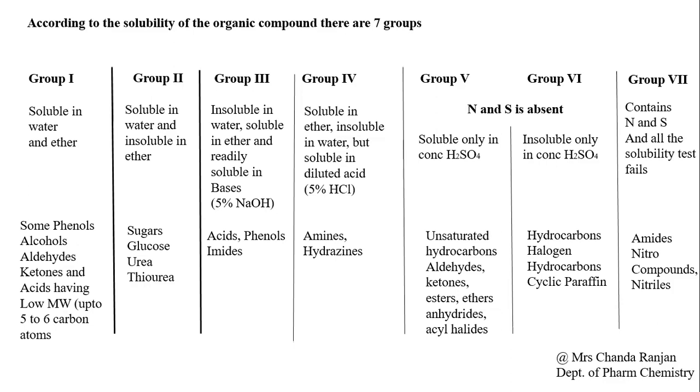So after performing this experiment, you can predict that it can be an acid. Then you will proceed with the acidic, carboxylic acid functional group test, which I'll discuss in another video on carboxylic acid functional group determination. So here you should have an idea of how many groups there are. So we have 7 groups.